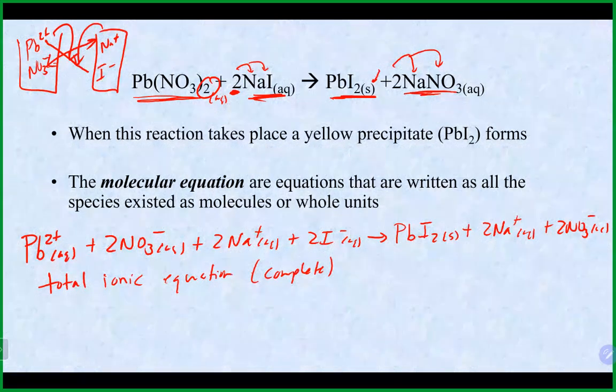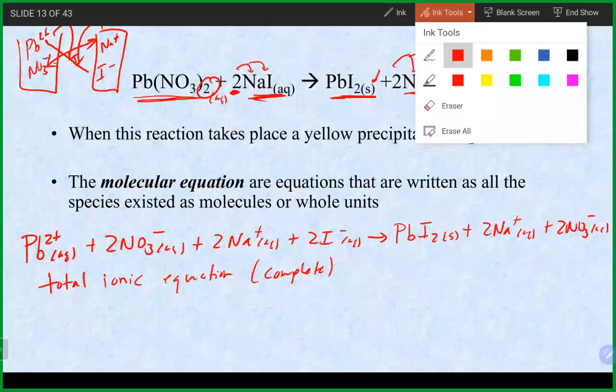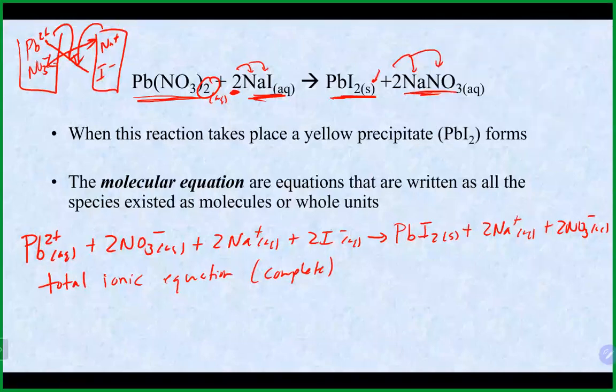So you do need to distribute the coefficients from the molecular equation in front of all those ions when you drop down to your total ionic equation. When you get to this equation, you can look on the left-hand side of the arrow and the right-hand side, and you will be able to find ions that look exactly the same on both sides.